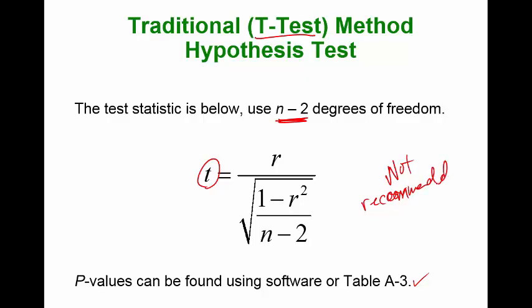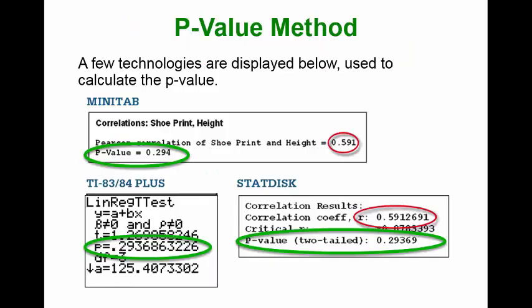Because the other values are a little bit easier to deal with. The easiest way to deal with a hypothesis test is with a p-value, and with our technology we can find our p-values.